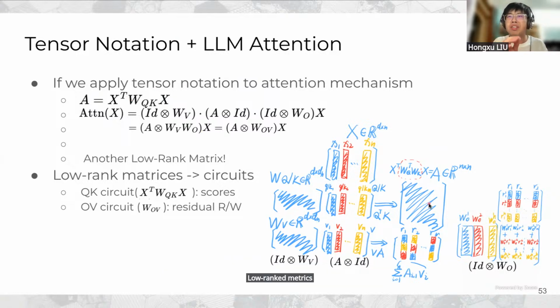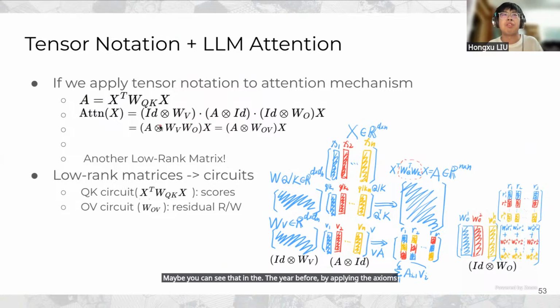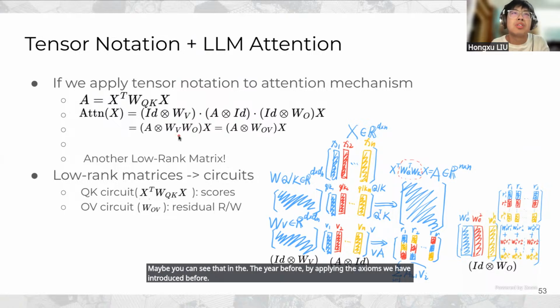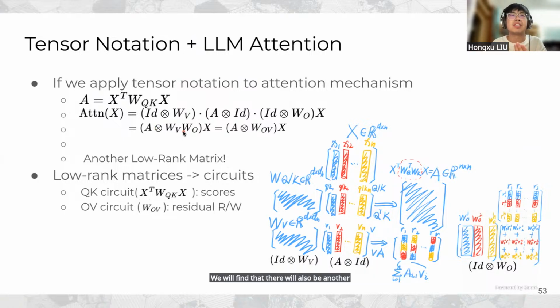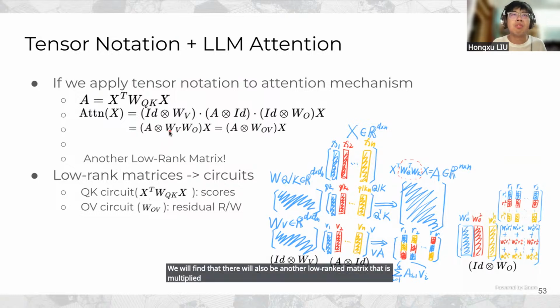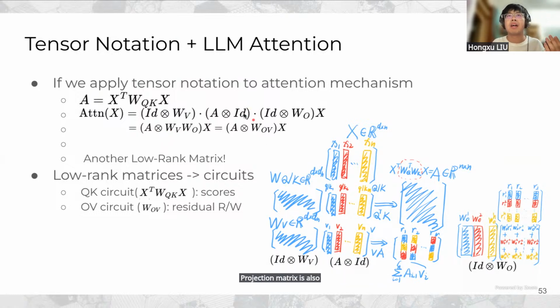And by applying the axioms we have introduced before, we will find that there is another low rank matrix, the product of the value and output projection matrices, which is also a low rank matrix.